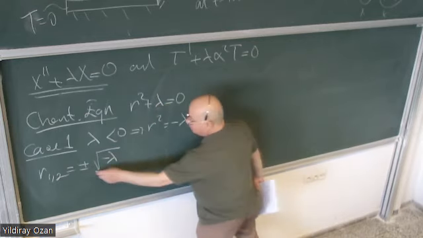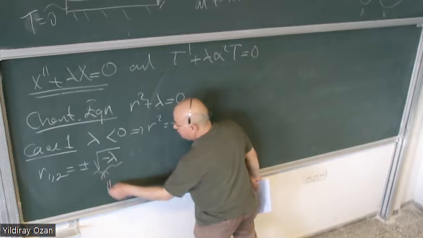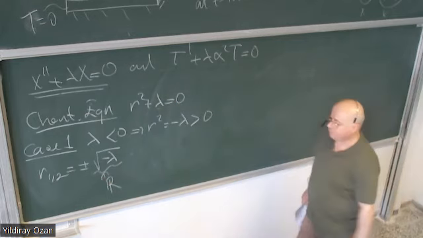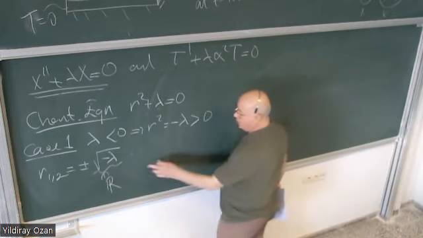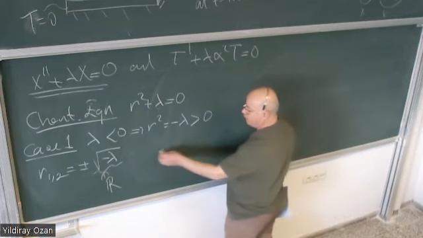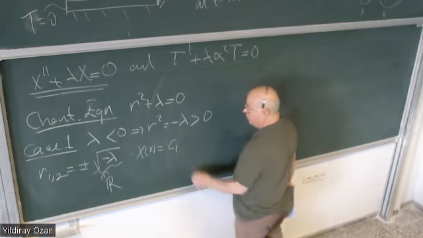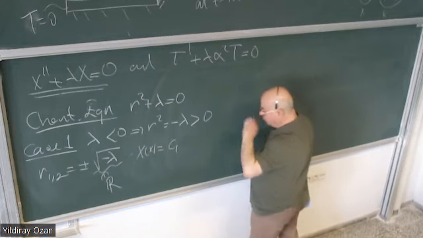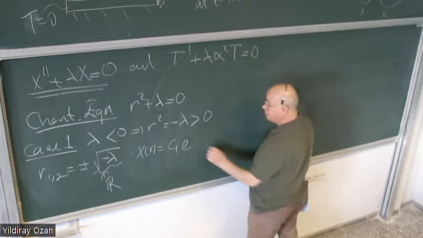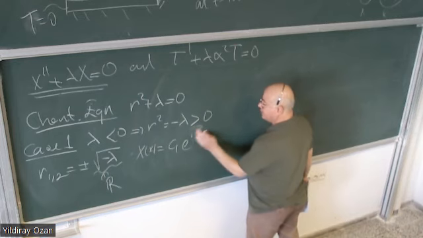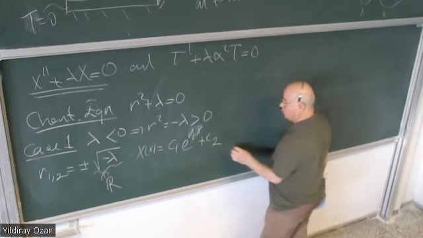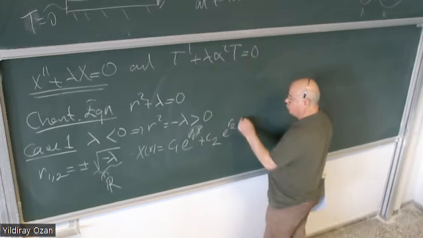This is a real number, and it is not 0, so we have two real roots. Therefore, the solution is C1 e to the power r1 x plus C2 e to the power r2 x.